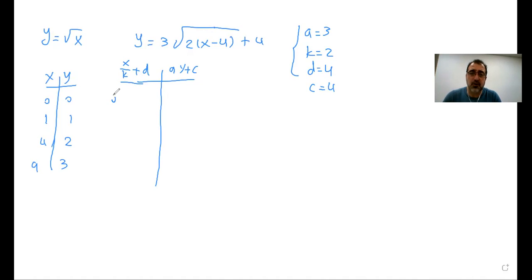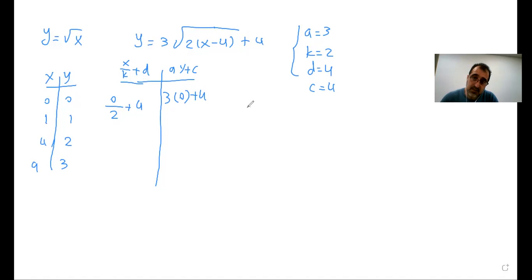For x, say 0, substitute: 0 over 2 plus d, which is plus 4. Keep in mind, we have a negative in the formula. When you have a negative, just keep d as is, 4. What is a? 3. What is y? 3 times 0 plus c, plus 4.